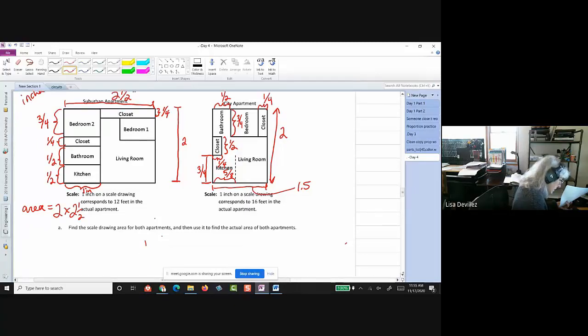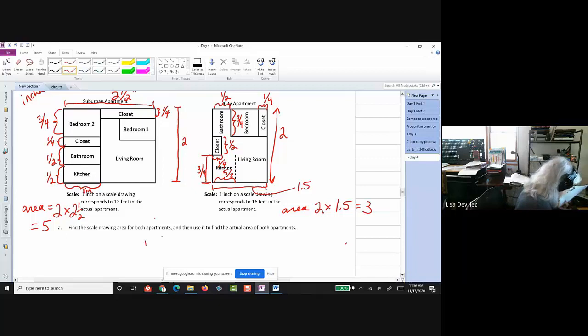Wait, let me go down where I've got some more room. Which equals 5. Okay. And this one over here is 2 times 1.5, which would be 3 for that apartment.